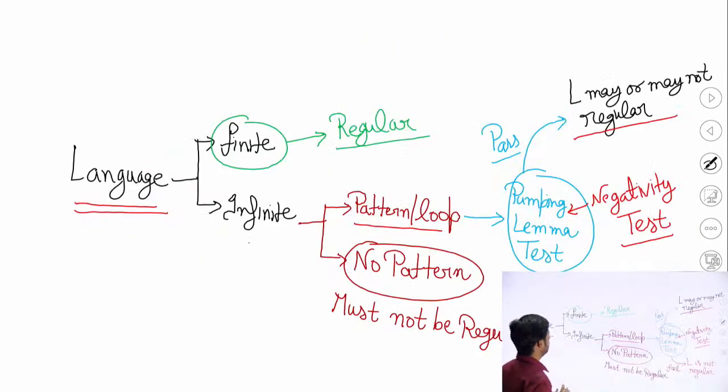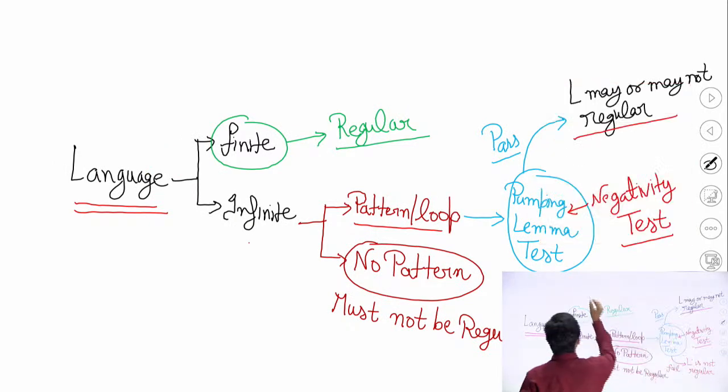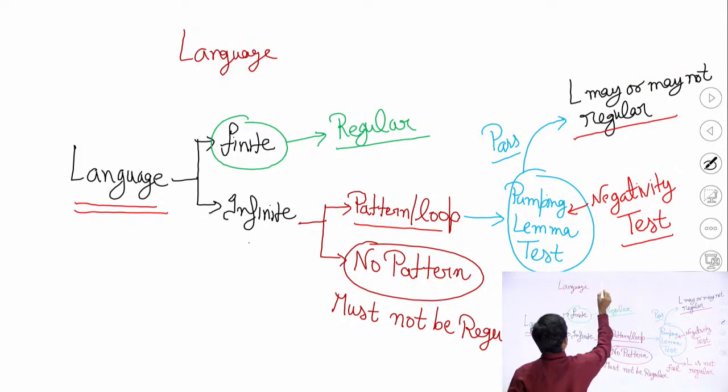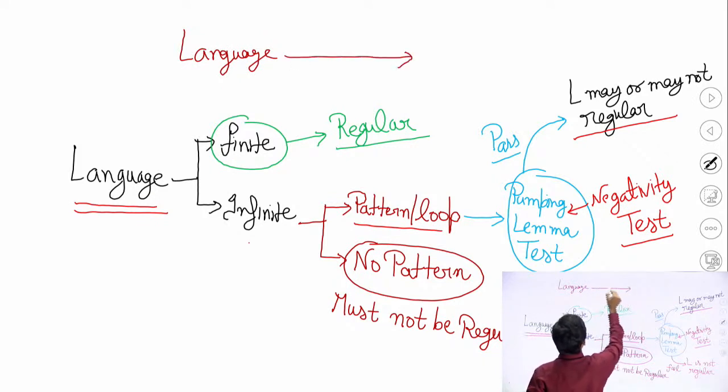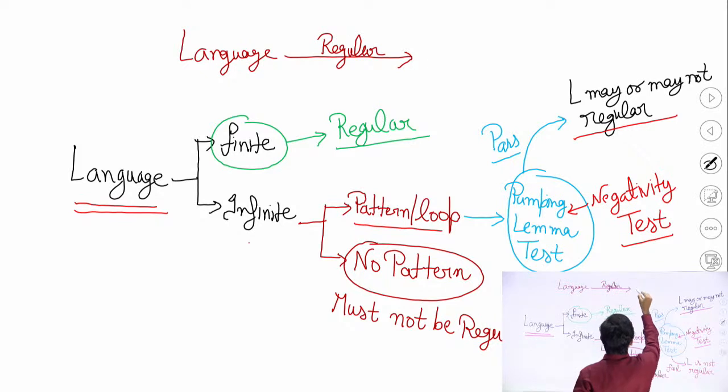Let me write here. Suppose there is a language, and whether the given language is regular or not regular, there is no direct algorithm. No algorithm exists.